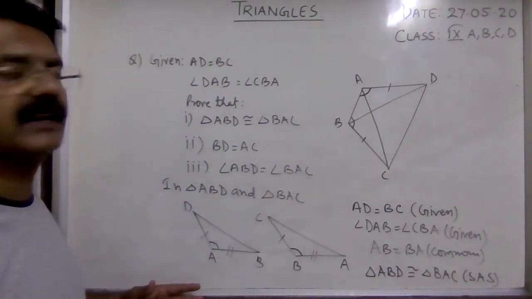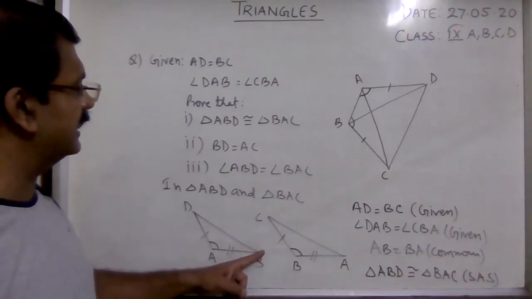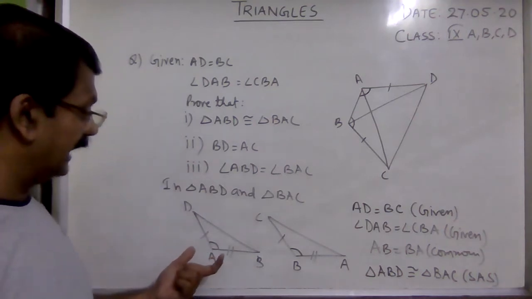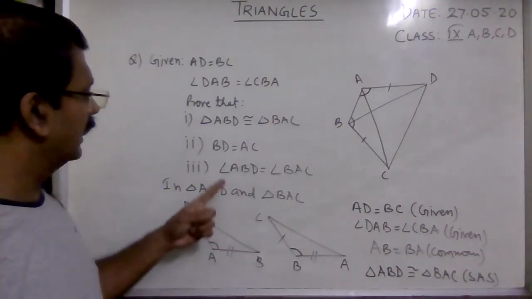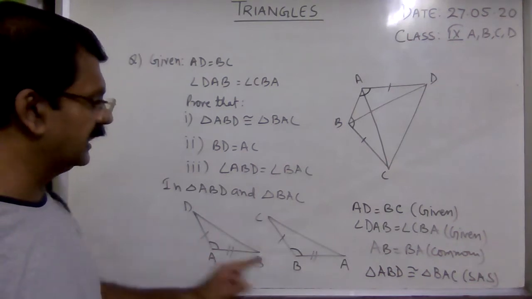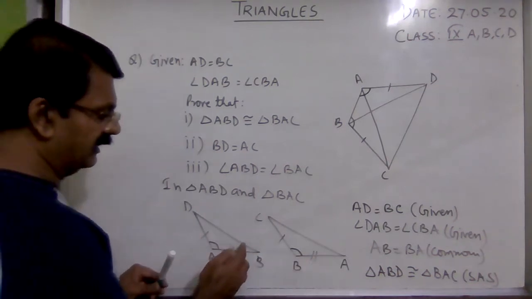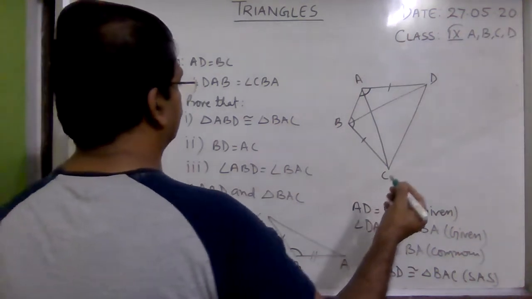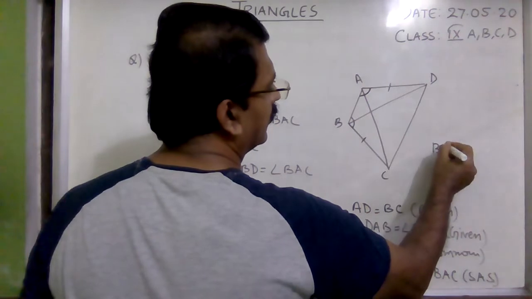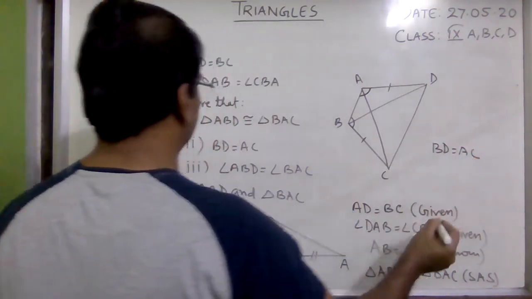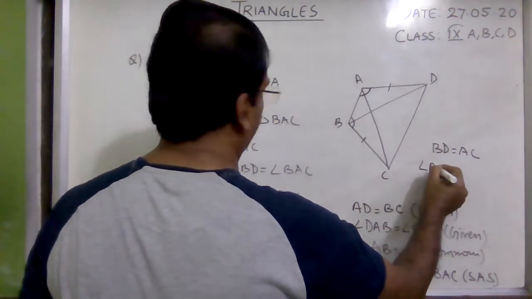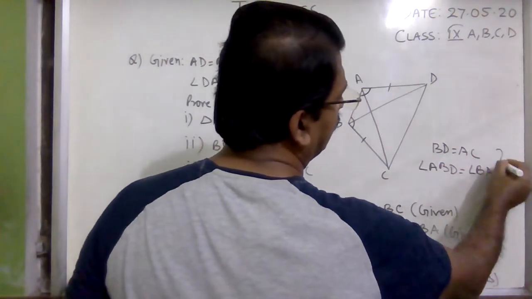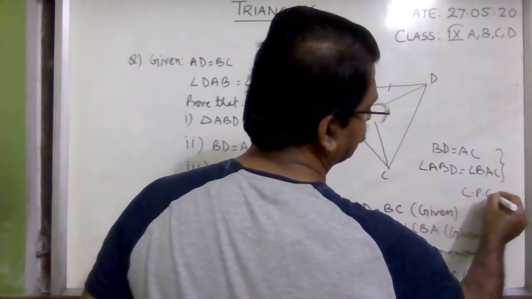Once it is proved that they are congruent, now we can say that BD is equal to AC by CPCT, and angle ABD is equal to angle BAC, means this angle will be equal to this angle, that is also by CPCT. So you can say that BD is equal to AC and angle ABD is equal to angle BAC by CPCT.